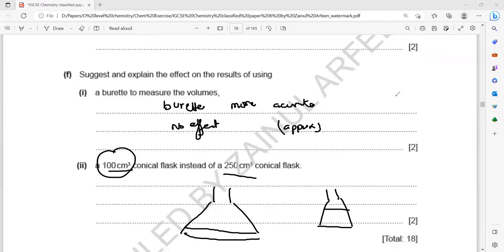Because if you measure the volume 30 or 29 point something, it won't make a very big difference in the time. But changing the conical flask will make a much bigger difference. You can mention the burette will be more accurate in measuring volume, so a very small or negligible effect, or no effect. For this one, the 250 cm cube flask has a smaller depth, so it takes longer time, but the 100 cm cube flask has a greater depth, so it will take a shorter time for the cross to disappear.